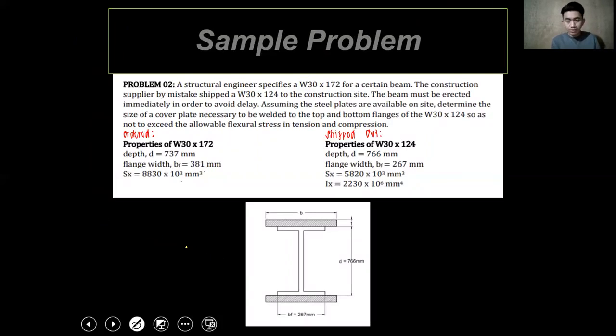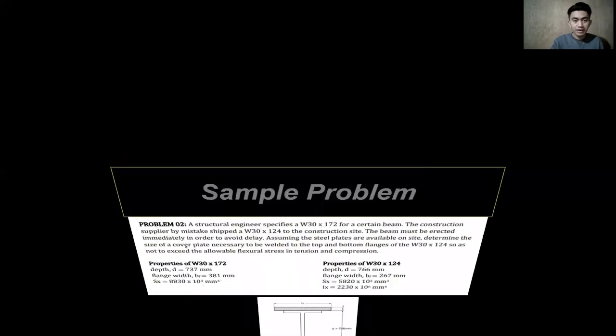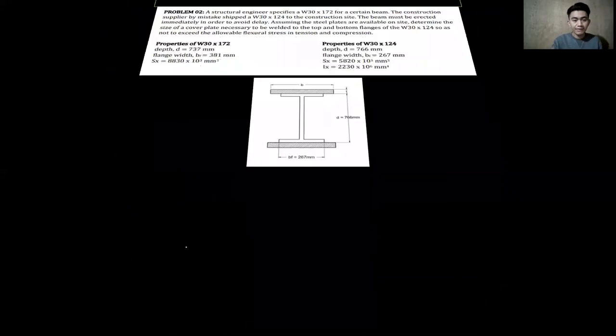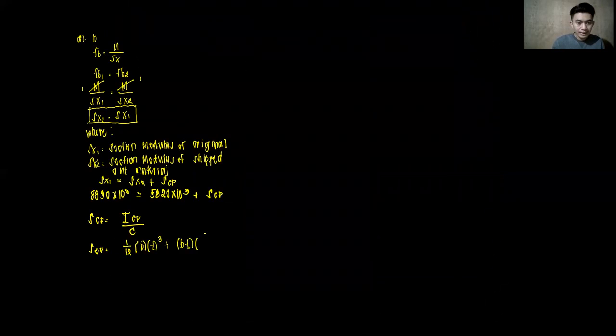Since we are computing for that, it becomes 766 divided by 2 plus the thickness divided by 2. So the 766 over 2 is 383. Squared: 766 divided by 2 plus the thickness divided by 2, squared.